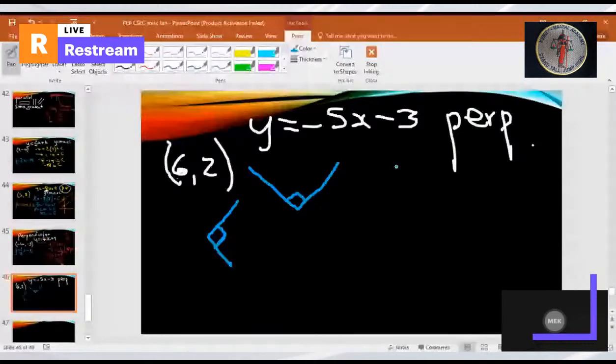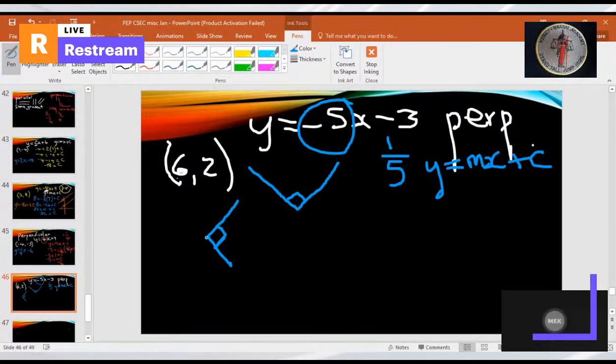All right, so we know the gradient of this line. If the lines are perpendicular, their gradients are the negative inverse. So the negative inverse of negative 5 would be 1/5. So the gradient of this line is 1/5. Using our equation y equals mx plus c, we plug in the gradient, plug in 2 for y, plug in 6 for x.